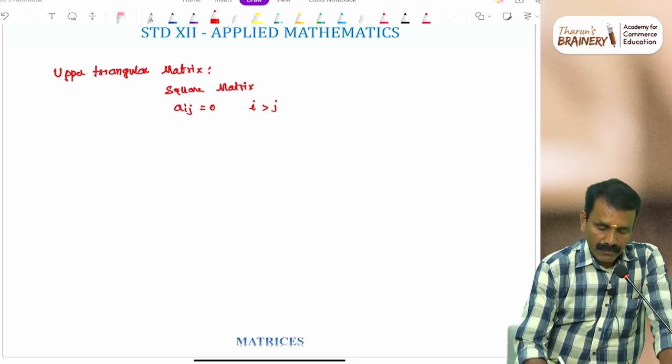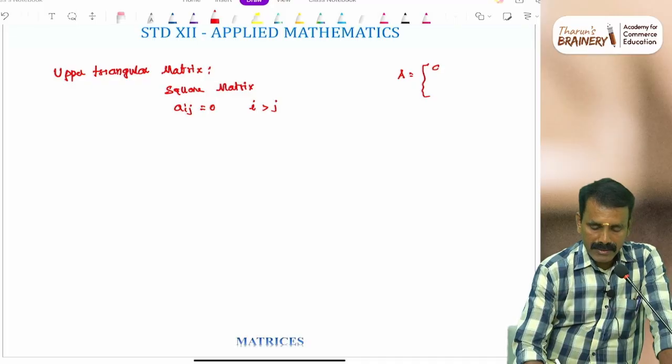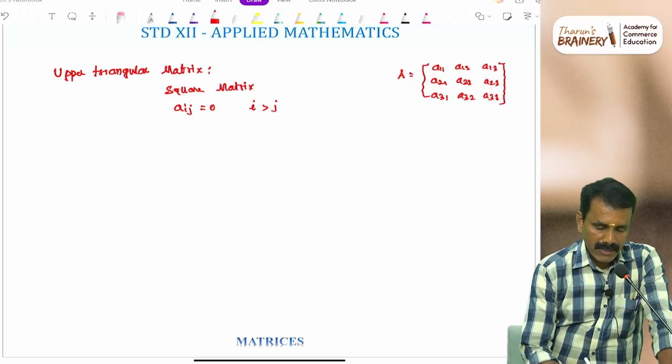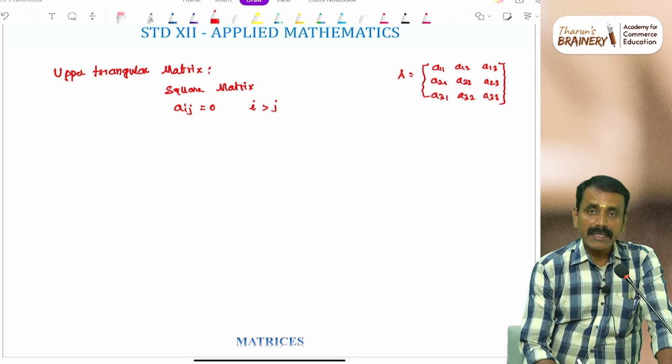That is, for example, if you have a 3 by 3 matrix A with entries A11, A12, A13, A21, A22, A23, A31, A32, A33, then Aij should be equal to 0 whenever i is greater than j.